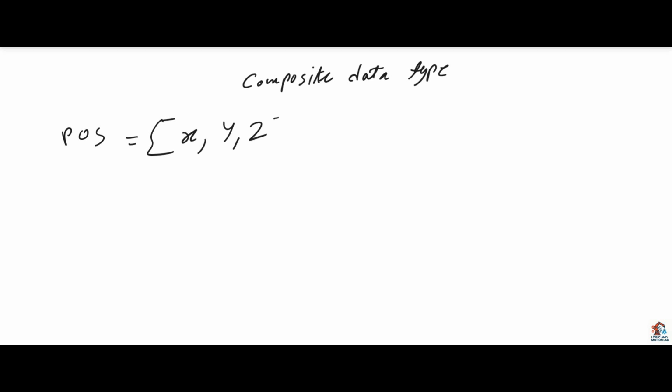So in composite data type, first we will talk about pos. Pos is basically the value for a position in a coordinate, like x, y and z.